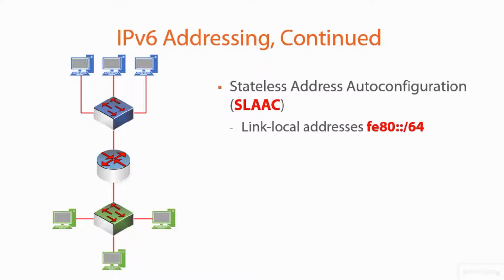But these link local addresses are not going to pass through a router, and so therefore a host from the top network segment is not going to be able to communicate with one on the bottom, and vice versa, using just those link local addresses. The loopback diagnostic address in IPv6 is ::1.